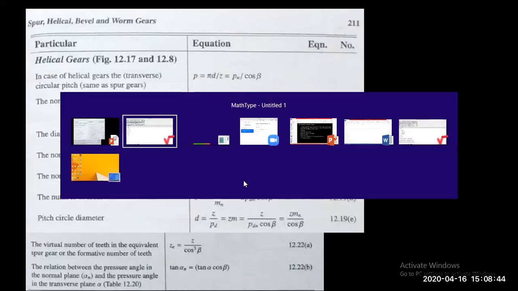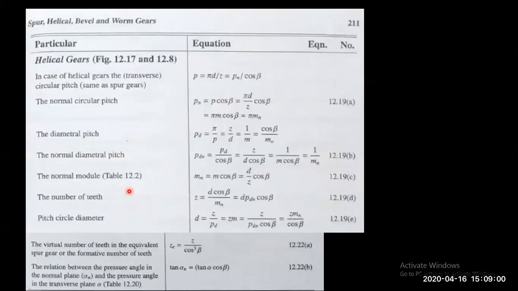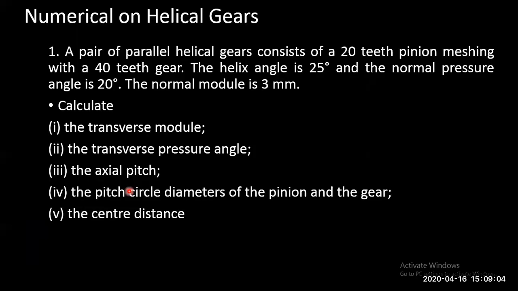Let's see a solution. So first off, you are finding the transverse module.